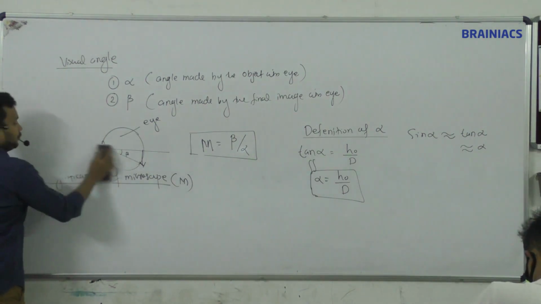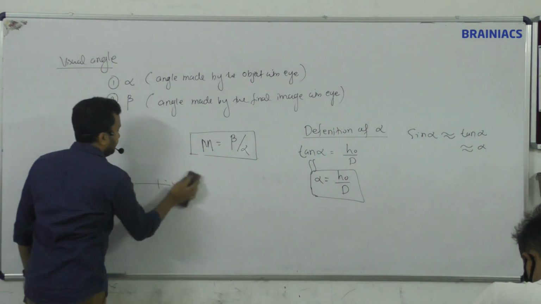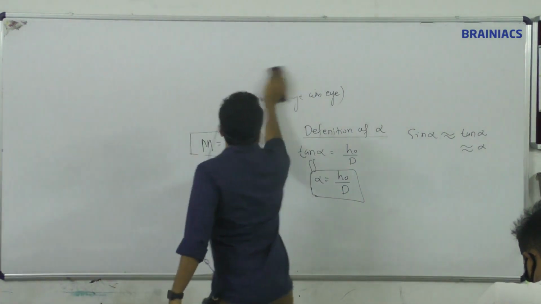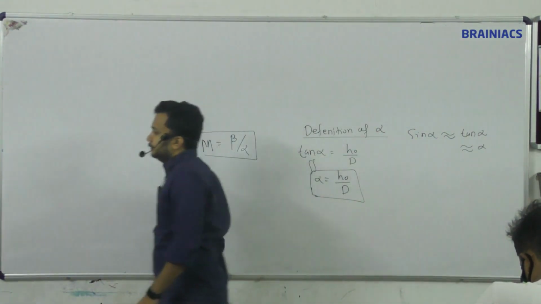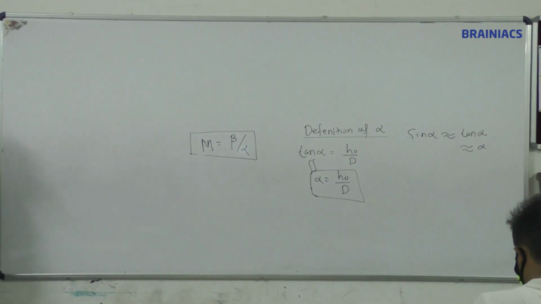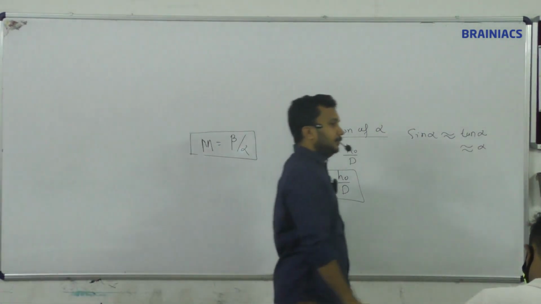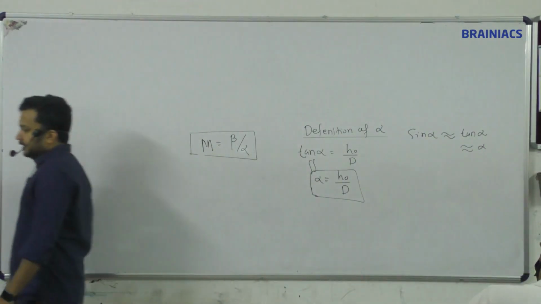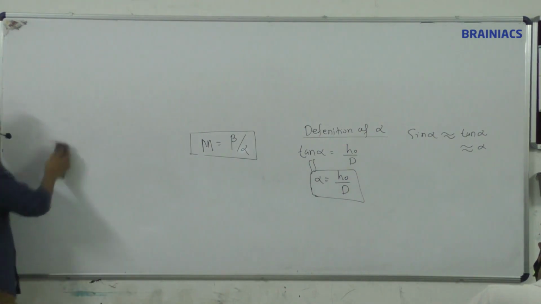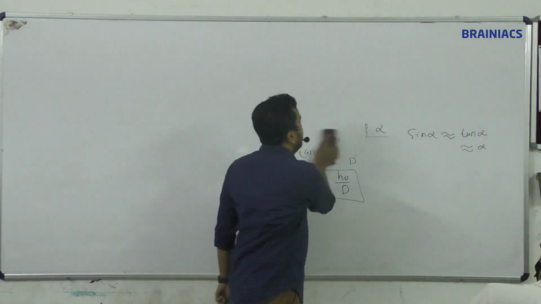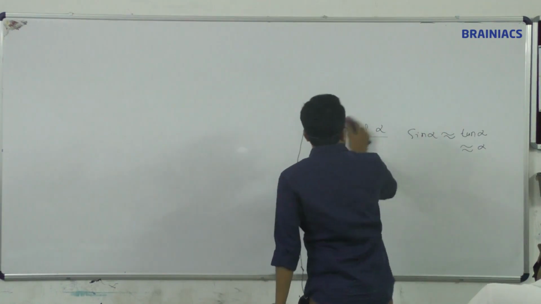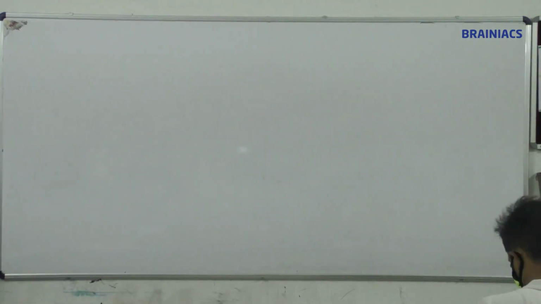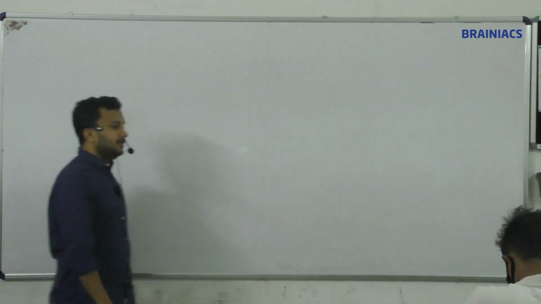Next, construction of a simple microscope. A simple microscope is made up of a single eyepiece lens.